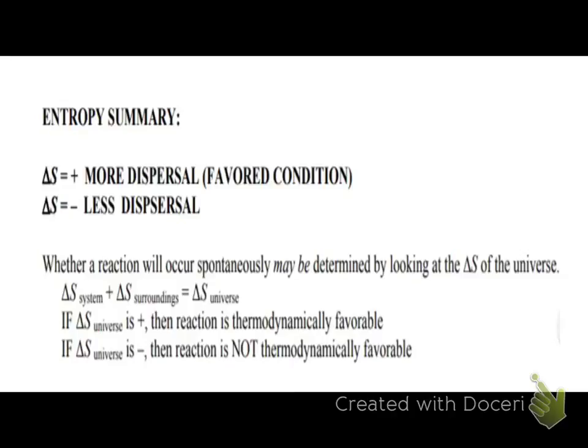So here is this little thing you need to remember. The system plus the surroundings equals the universe, okay? If delta S of the universe is positive, then the reaction is thermodynamically favored. And if it is negative, then it is not thermodynamically favored.